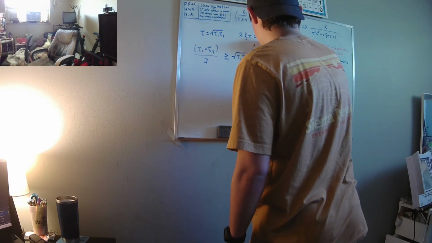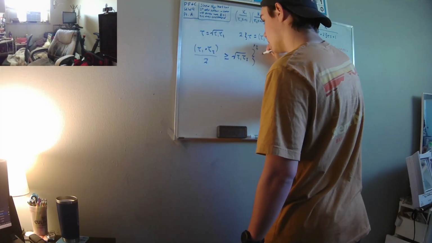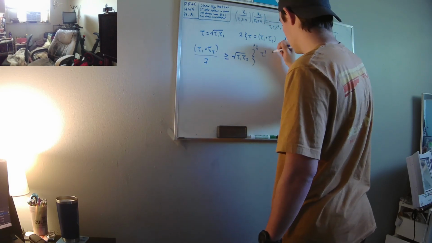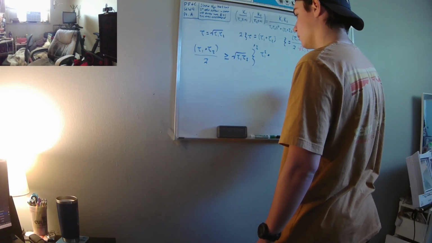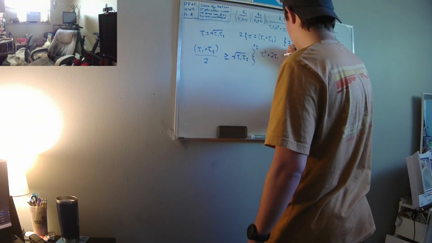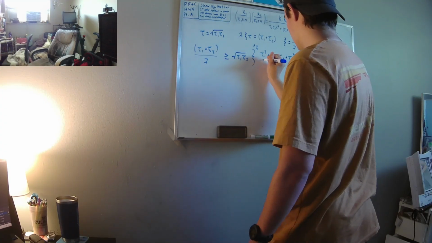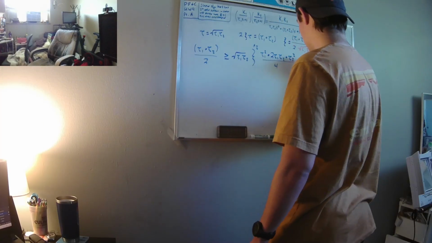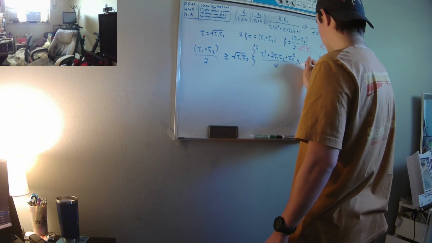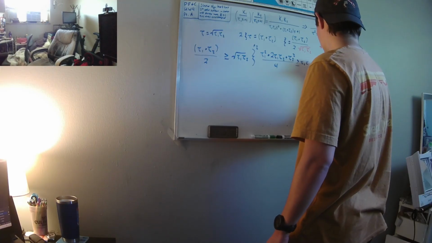And then if we go ahead and square both sides, we get that tau 1 squared plus tau 1 tau 2 plus tau 2 squared, all divided by 4, is going to be greater than or equal to tau 1 times tau 2.